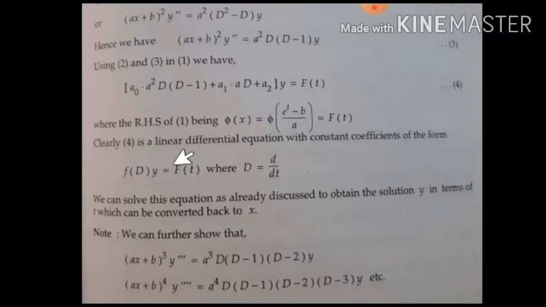Now if for example you get a differential equation of third order, then (ax + b) whole cube into y triple dash will get converted further. For linear it was a, for square it is a square, and similarly for cube it is a cube.